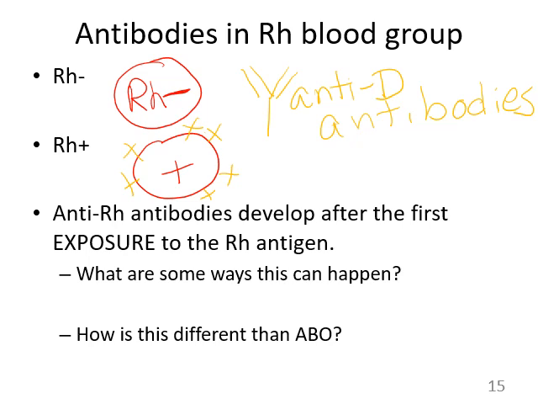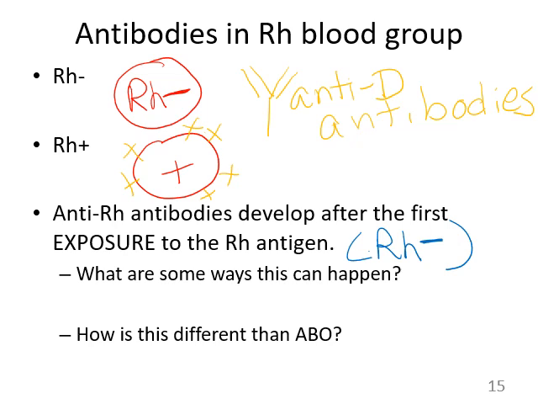That is also how Rh works. This really only applies to Rh negative people: if you are Rh negative, you do not have anti-Rh antibodies until the first time you've been exposed to Rh positive blood, or that D antigen.